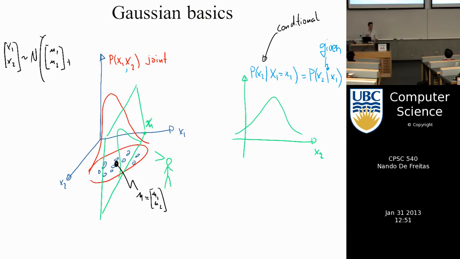And let's assume that it has a covariance that's sigma 1,1, sigma 1,2, sigma 2,1, and sigma 2,2. Okay. So that's our Gaussian that describes that cloud of points in that plot. Sigma 1,2 and sigma 2,1 are just a transpose of each other.